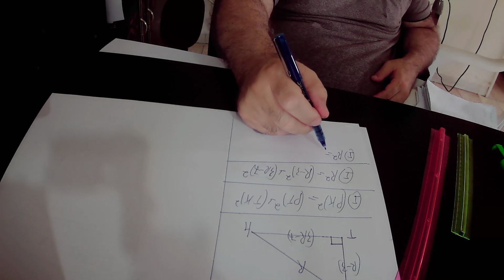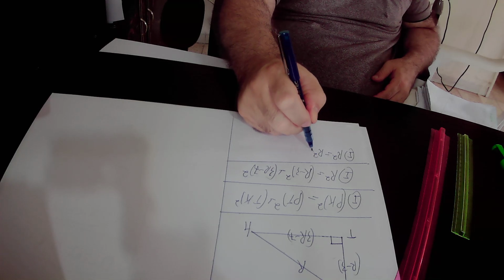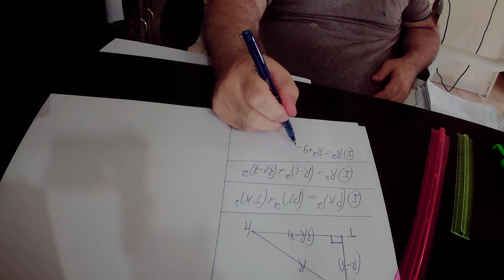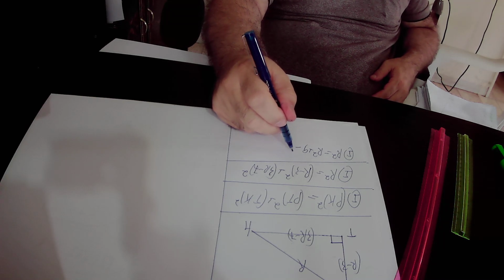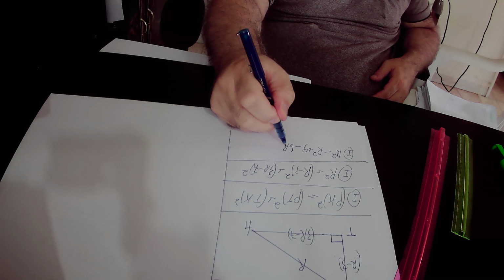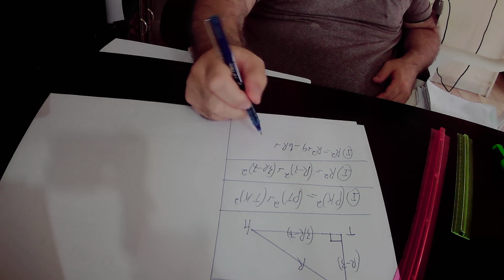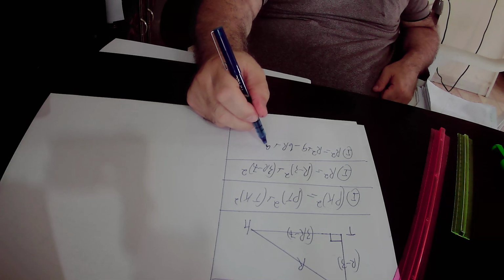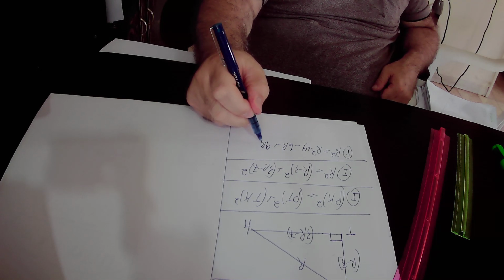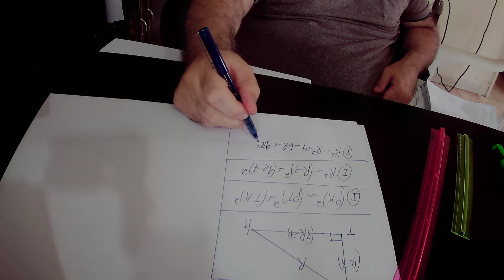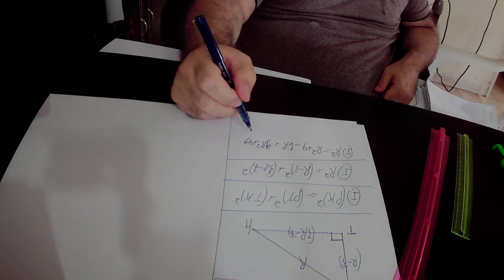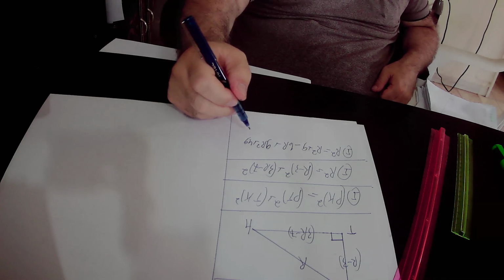(R minus 3) squared equals R squared plus 3 squared, that is 9, minus 2 times R times 3, which is minus 6R, plus (3R minus 7) squared, which is 3R squared, that is 9R squared, plus 7 squared, that is 49, minus 2 times 3R times 7, which is minus 42R.